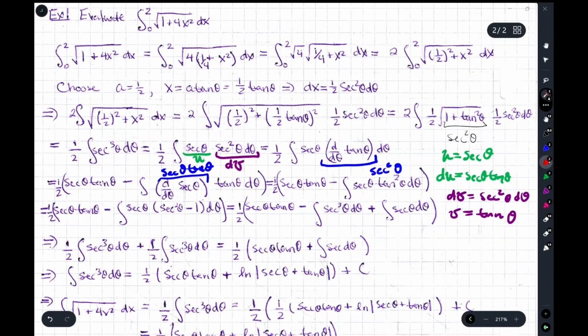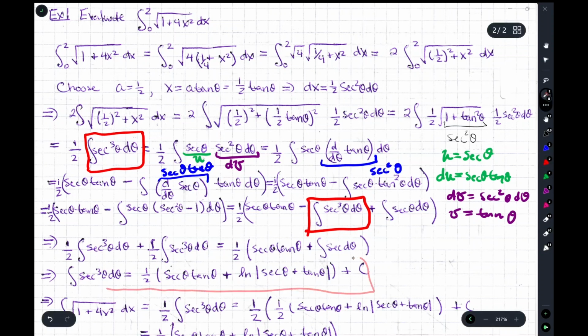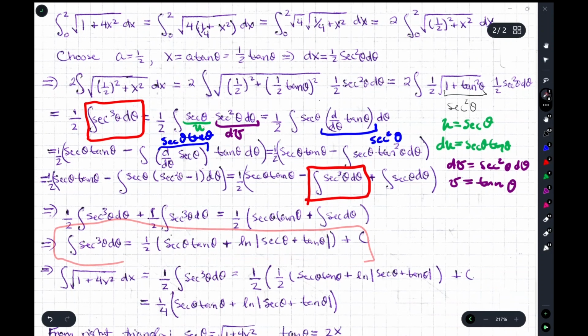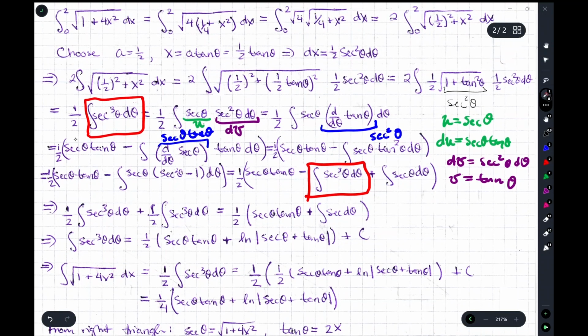What I do is recognize that this is the same as this, and I solve for that integral algebraically, and I end up with this term here. Now that I have the integral of secant cubed theta d theta, I'm going to go back to where we stopped over here.